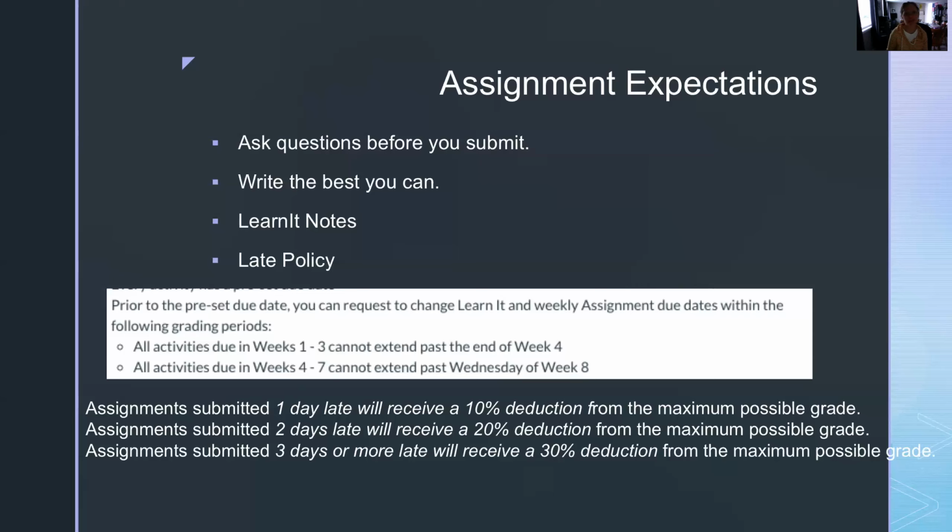So for instance, what is this live event? I might answer it saying, this live event is COM 115 assignment expectations, this particular part, and here we're going to learn all about what's entailed in this course. The end.